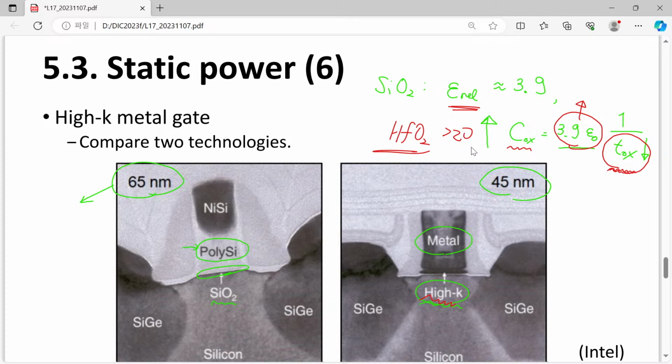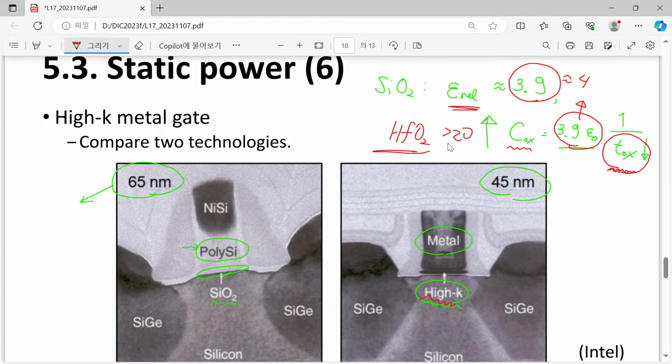I mean that if you have, for example, let's say this is close to number 4, and although this is higher than 20, let's say just 20, then we have 5 times higher relative permittivity. Then what will happen? If you keep the same oxide thickness, then you will get 5 times higher oxide capacitance.